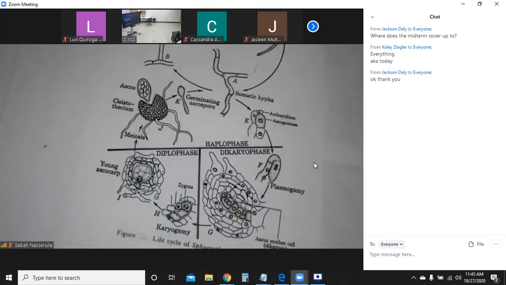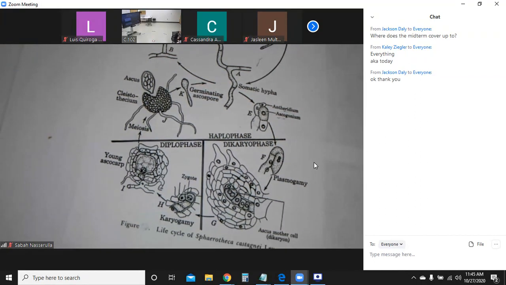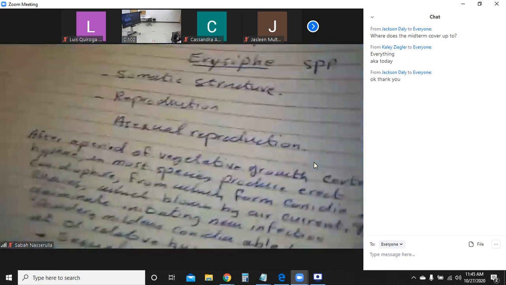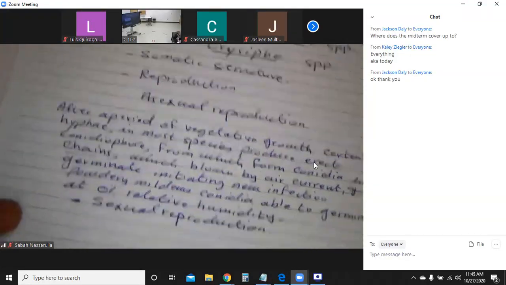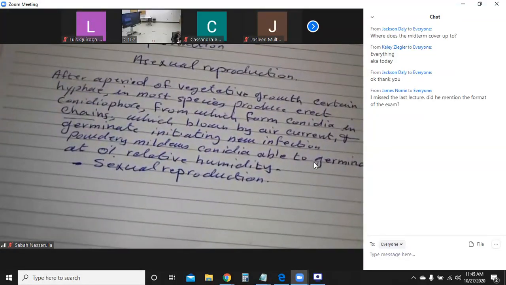So this basically presents more or less the sexual life cycle of the powdery mildews, in this case of Erysiphe, or even including Mycosphaerella. So now I'm going to continue with this one here.